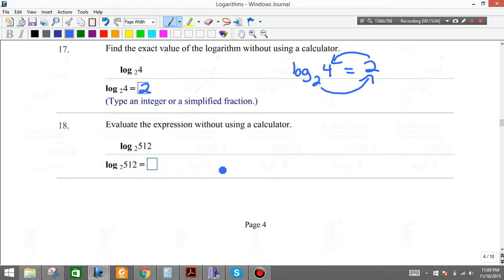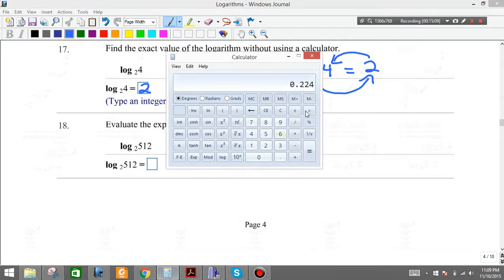This one is tough because it's asking what power of 2 gives you 512. So let's get 2 out. 2 times 2 is 4, times 2, 8, times 2, 16, times 2, 32, times 2, 64, times 2, 128, times 2, 256, and then times 2 is 512.